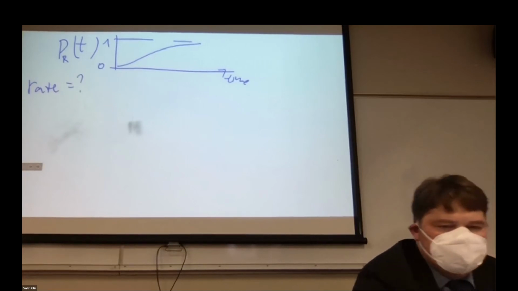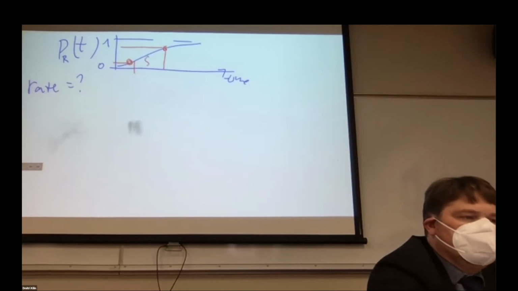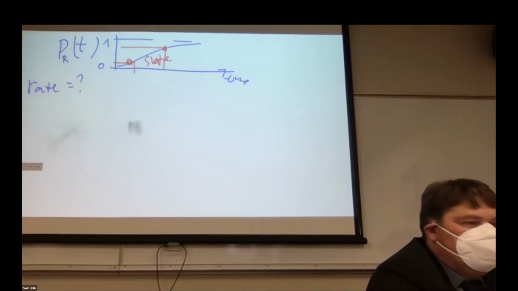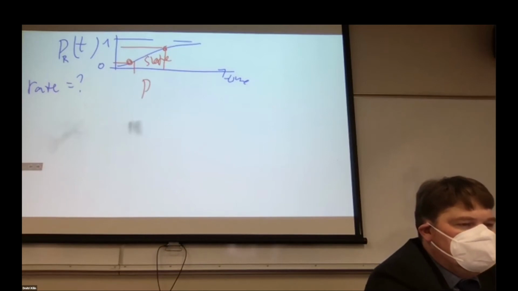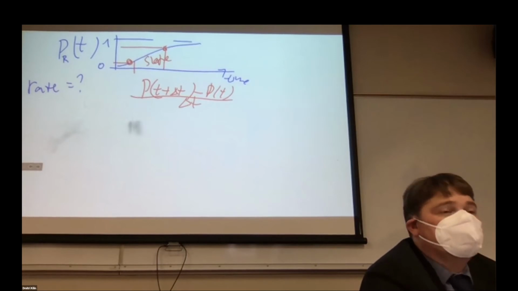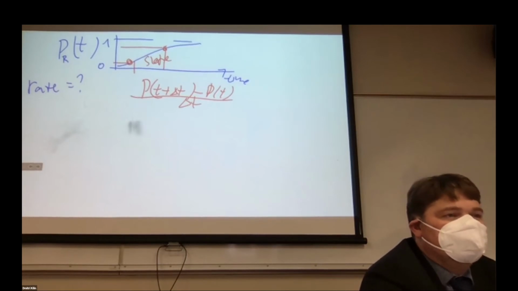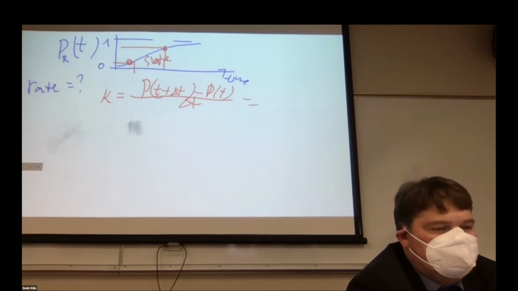One way is to manually find a slope, right? Another way is to find the micro slope, which will be p of t plus delta t minus p of t, divided by delta t, which is just a derivative, right? So the rate is the derivative of population over time.